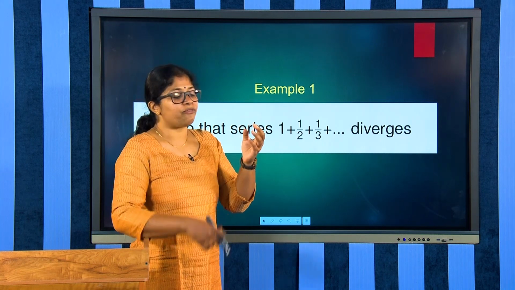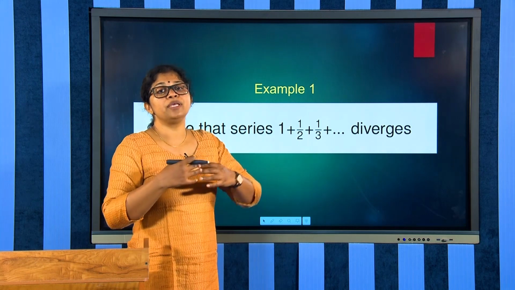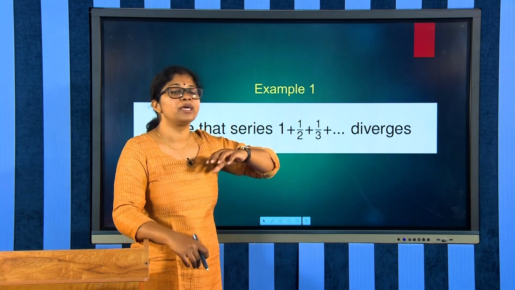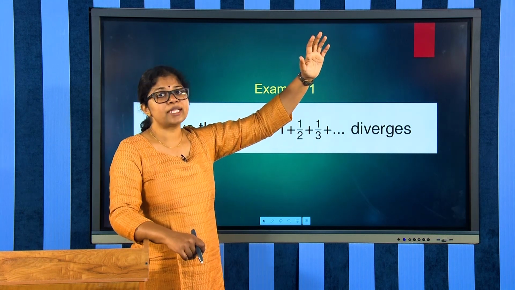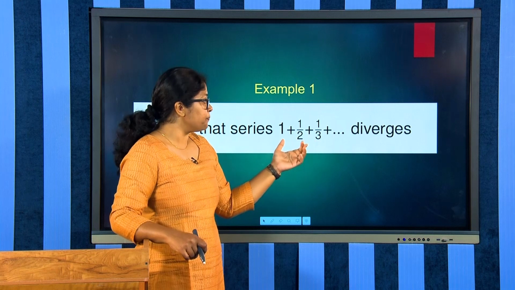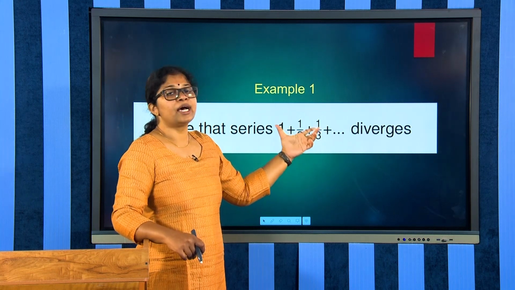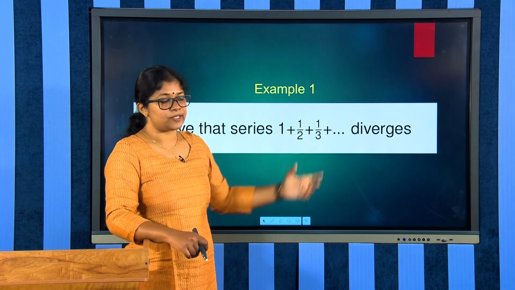So, how can fractional numbers added to 1 be so large that the sum of the terms of the series diverges, goes to infinity? That is a question which can come to your mind, but this is a series which diverges.